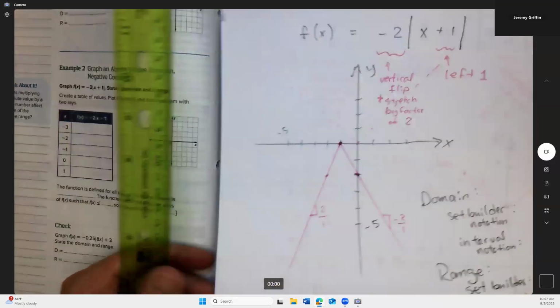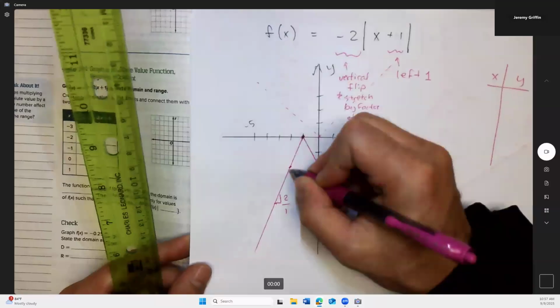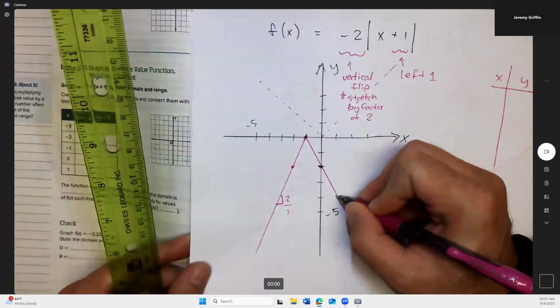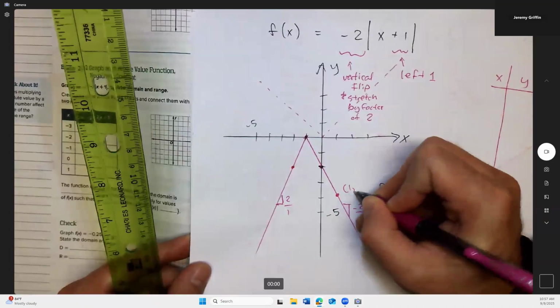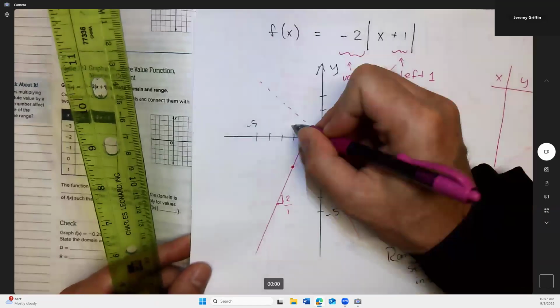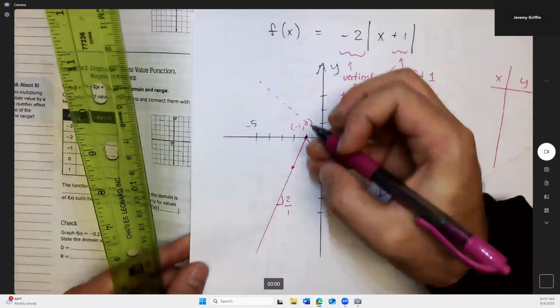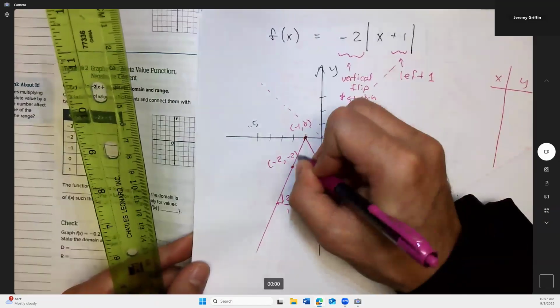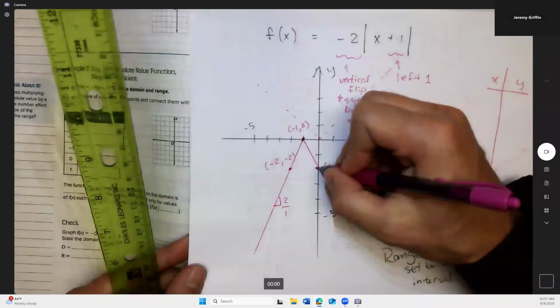But let's come up with a bunch of points, because I'm making the claim that these points exist: 1, -4; 0, -2; the point -1, 0; and this one over here at -2, -2. So there's 4 points that should show up.